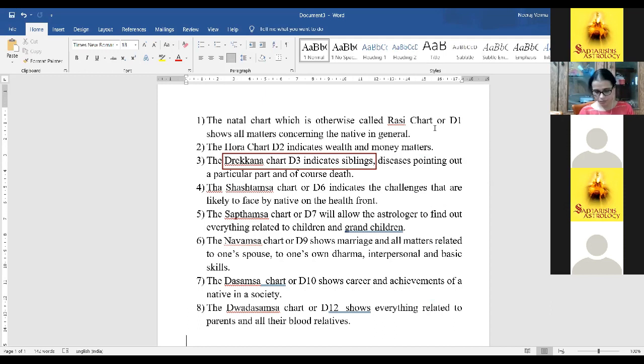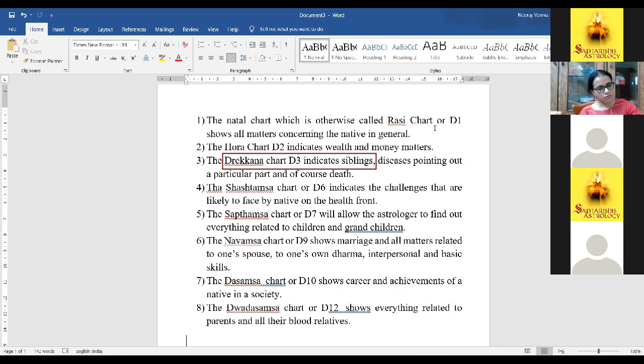So in D3 charts, you can see all events related to siblings, their happiness, harmony, disharmony with siblings. Even D3 charts you can use for the health purpose, for disease. If you read a Prashna chart or Prashna system, the importance of D3 is more.